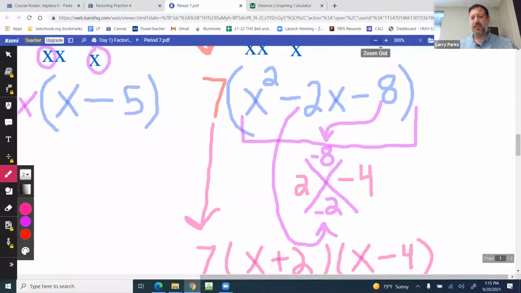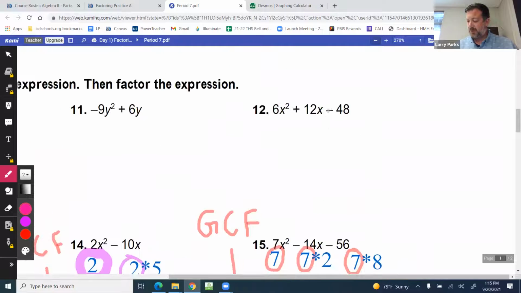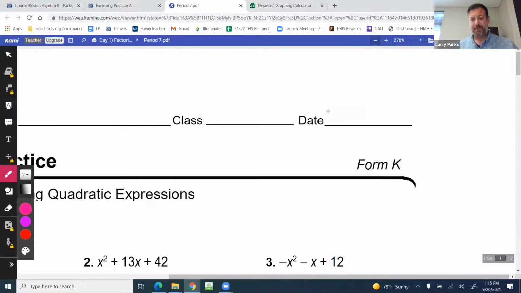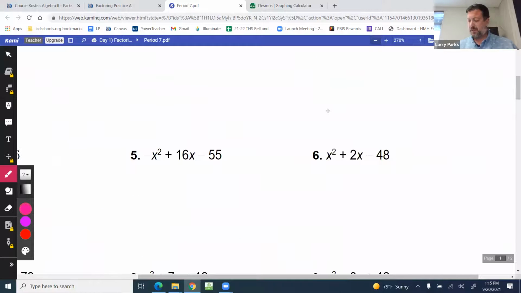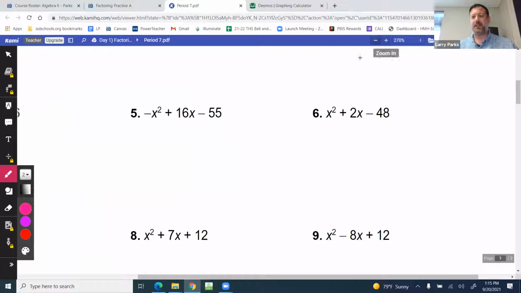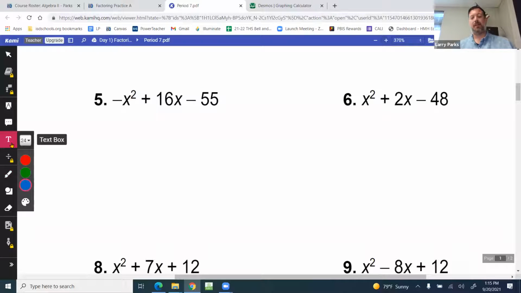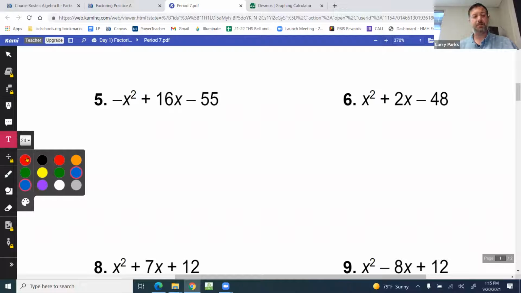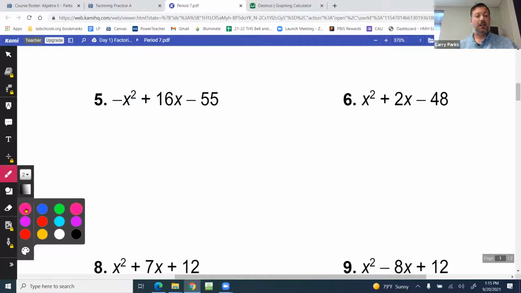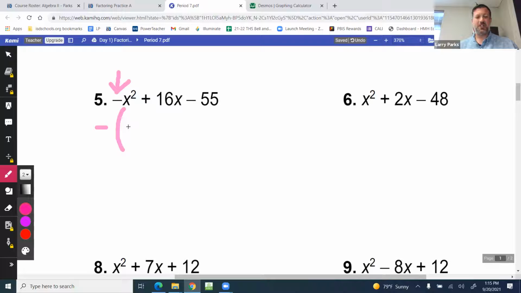So I've shown 2 GCF problems. I will show 5 and 6, and then I'll call it good. 5. We do not like negatives out front. They're hard to work with. So to get rid of the negative, we just factor it out. So when you divide by a negative, that just changes everything.